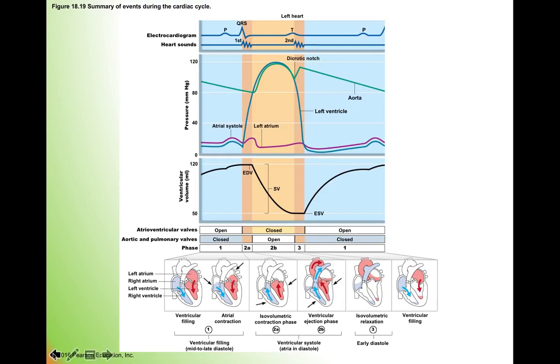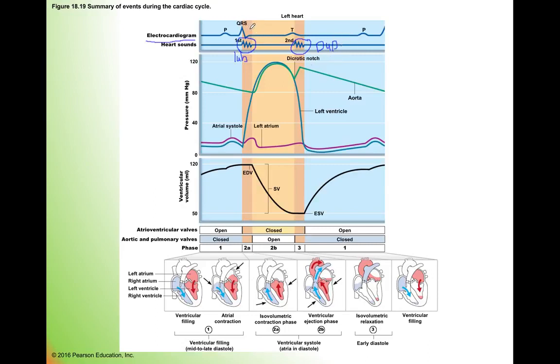So let's take a look and associate that with the cardiac cycle. On the top line, what you have is an ECG: P wave, QRS complex, and T wave. Right here, what you see is the lub sound of your heart, and this is the dub part of the sound.